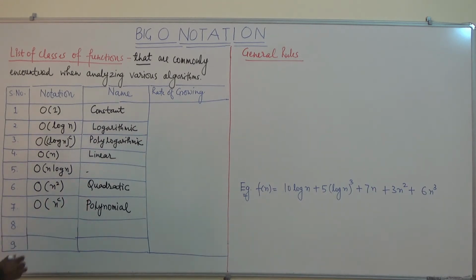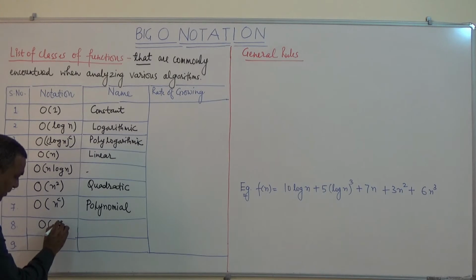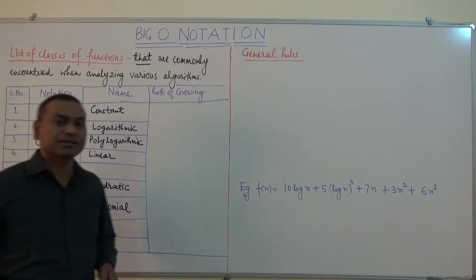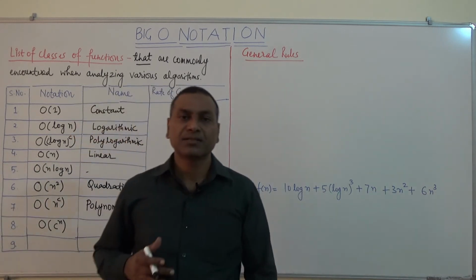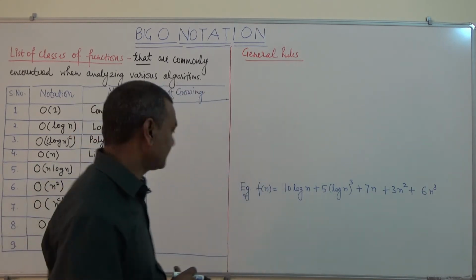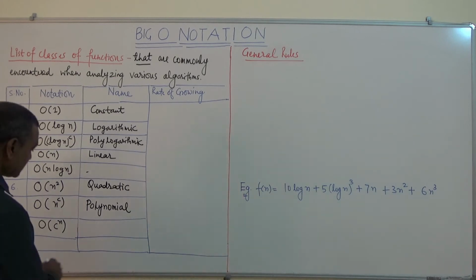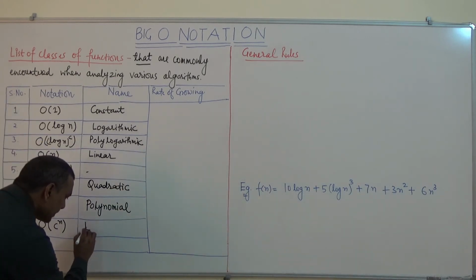And then big O of c raised to the power n, for example, 2 to the power n, 3 to the power n, etc. So this is exponential.